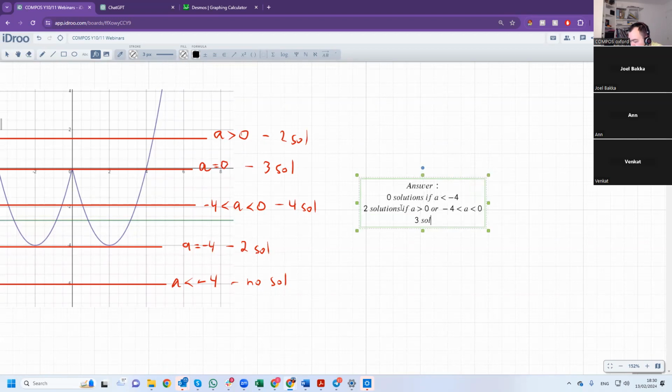3 solutions if a is 0 and 4 solutions if -4 less than a less than 0.